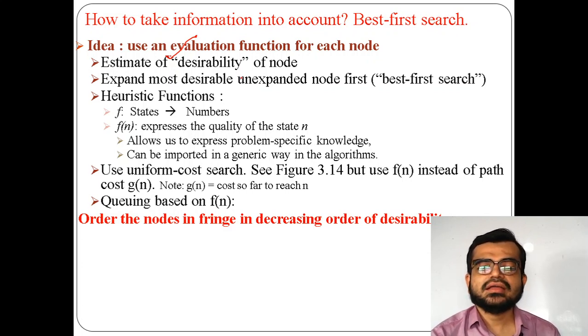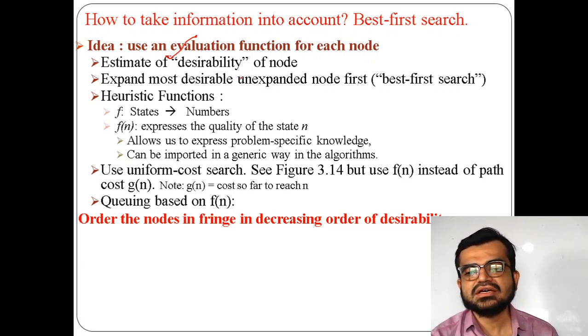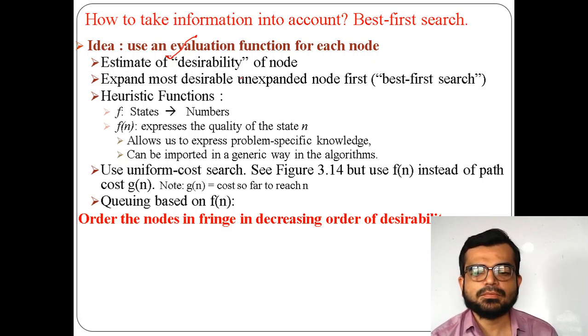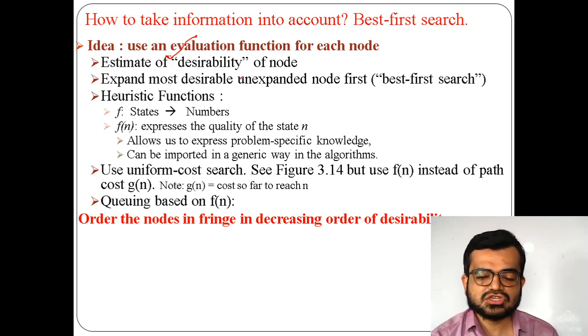So that's why you have to order the fringe. Here what you are doing is, which has less cost, you have to take as the first node. For example, there are 3 nodes B, C, D, and if the cost of reaching from A to D is less, so the first node I should put is D. Then if the second is C, for example, which is not very less or not very much more, then I should put C below that, and again I should put B lastly.